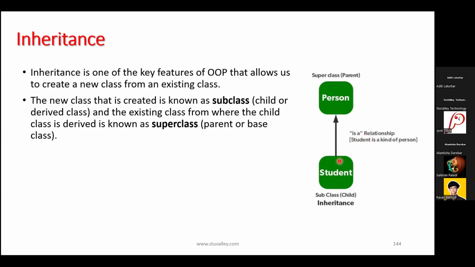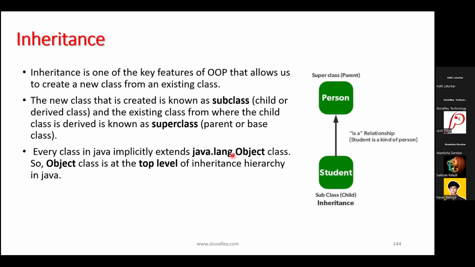Okay? Because whatever child classes you are going to create are a part of the parent class. It is an extended part of the parent class. That is why inheritance is always an is-a relationship. In Java, everything is dependent on inheritance. Why? Because there is an Object class, which is the parent class of all the classes, right? Whichever class you are creating has Object as a parent class, that I have already explained, right?